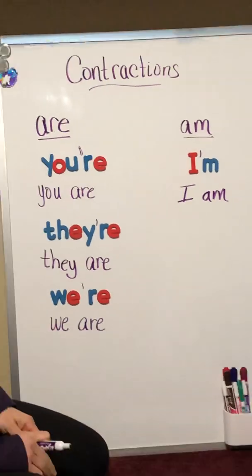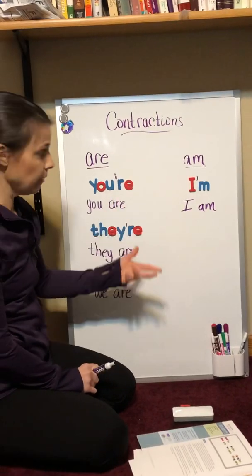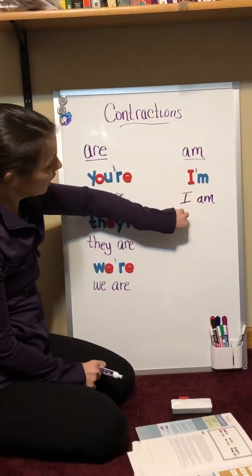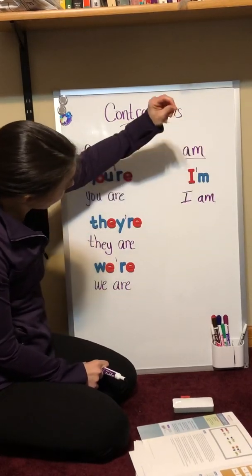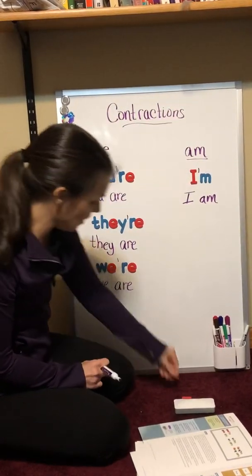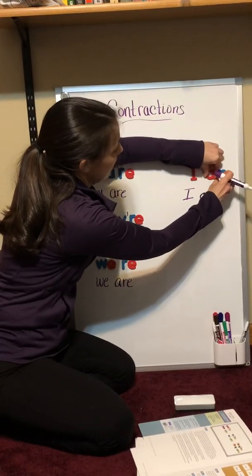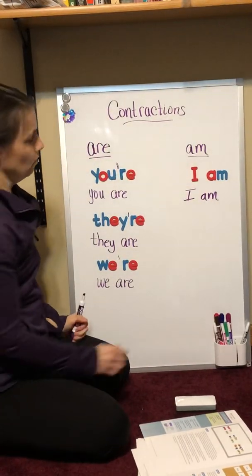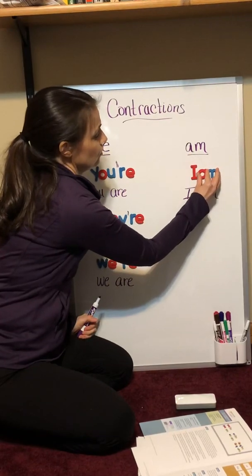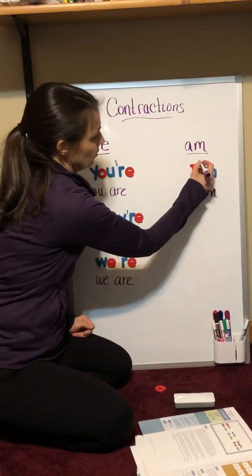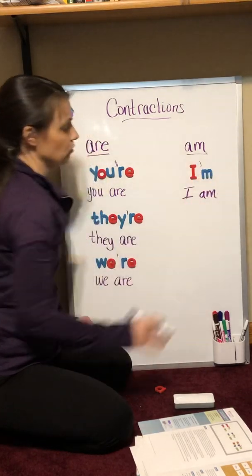I'm going for a bike ride, or I am going for a bike ride. When I make the contraction and I squeeze the words together, and I can borrow my A from down here, we had I am. We're going to push them together, take away the A, and replace it with an apostrophe.